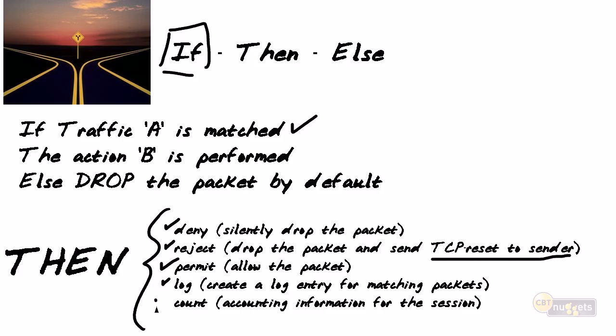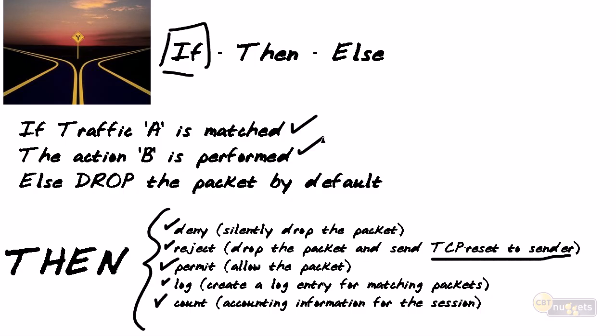Another action we could take is to count, that's accounting information for the session. And that can be some valuable information for auditing, for ongoing monitoring, optimization, gathering statistics. So you can see there's quite a few actions that we can take here. And by the way, they're not mutually exclusive. We could deny and log, or permit and log, or permit and count. So we can take more than one action.